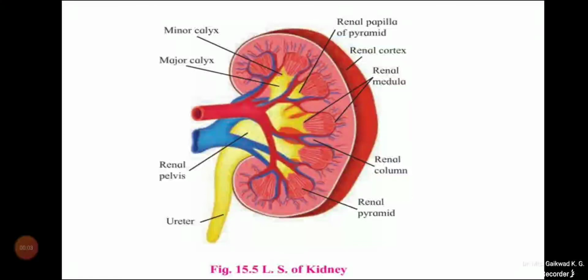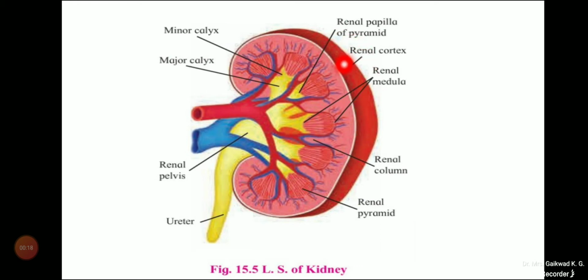The diagram you see here on the screen is the LS of the kidney. The whole kidney is actually covered by 3 layers of tissue.